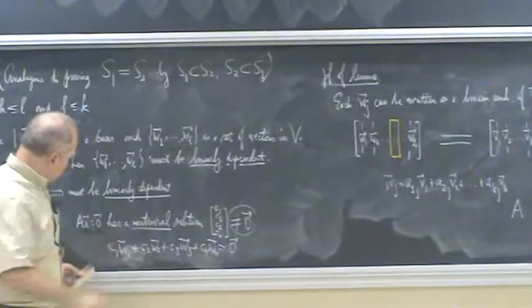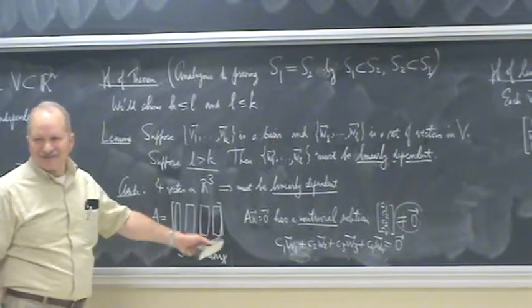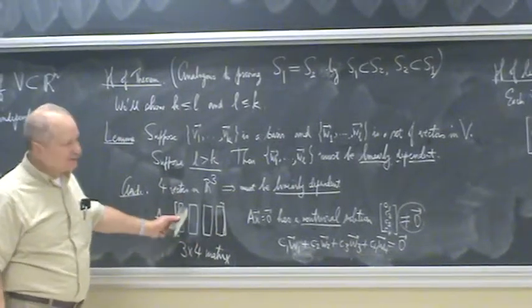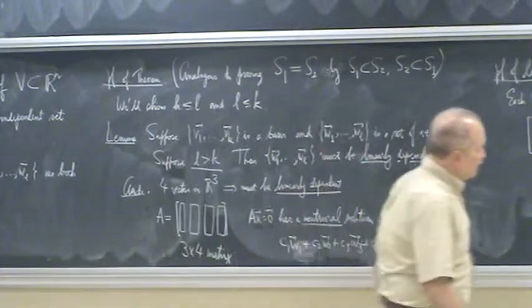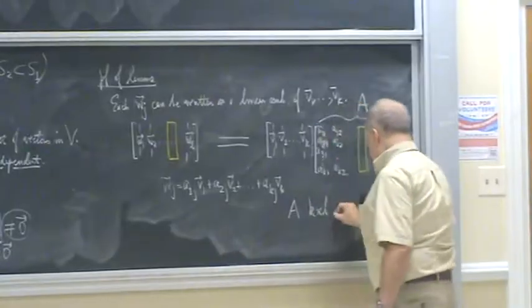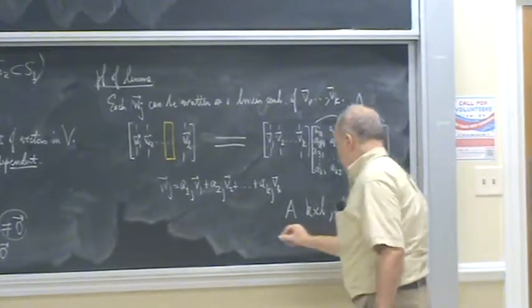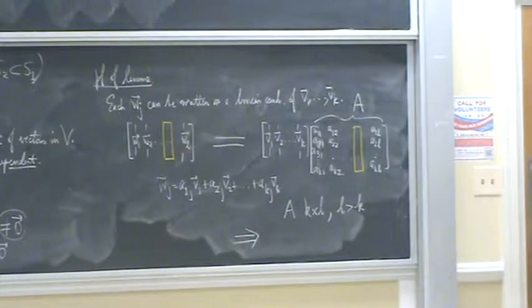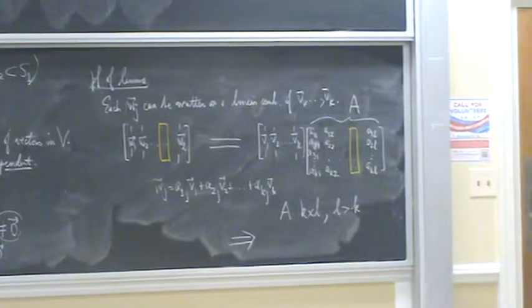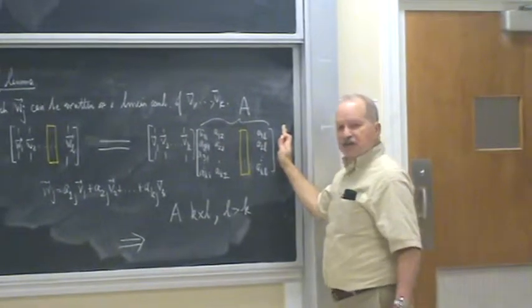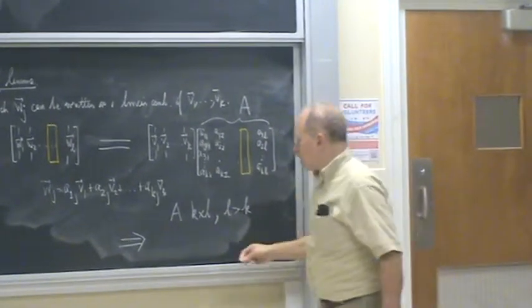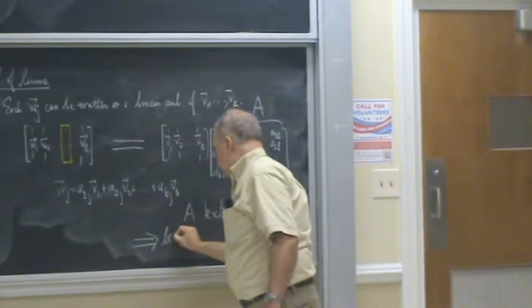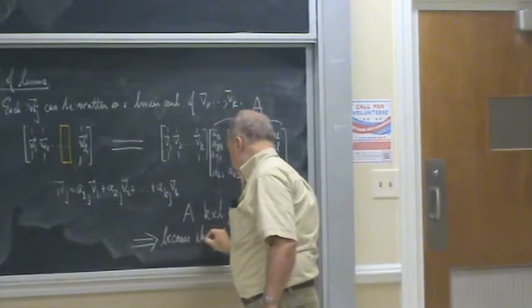So it reminds you of what we had down here. A is K by L, and L is bigger than K, so what do we know? There are free variables, because a matrix with more columns than rows must have free variables.